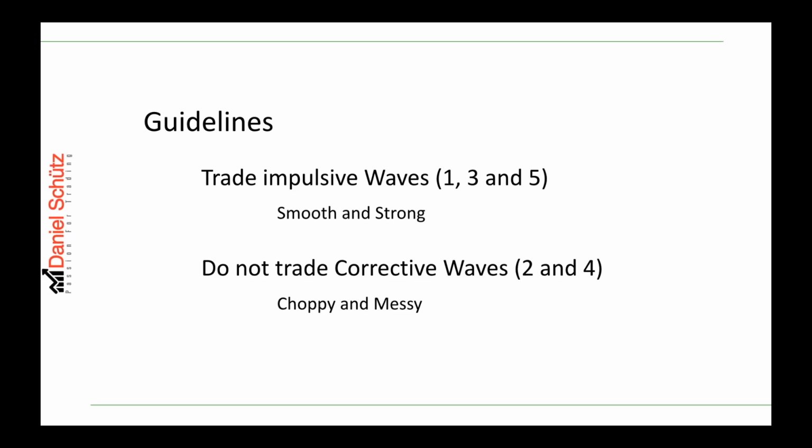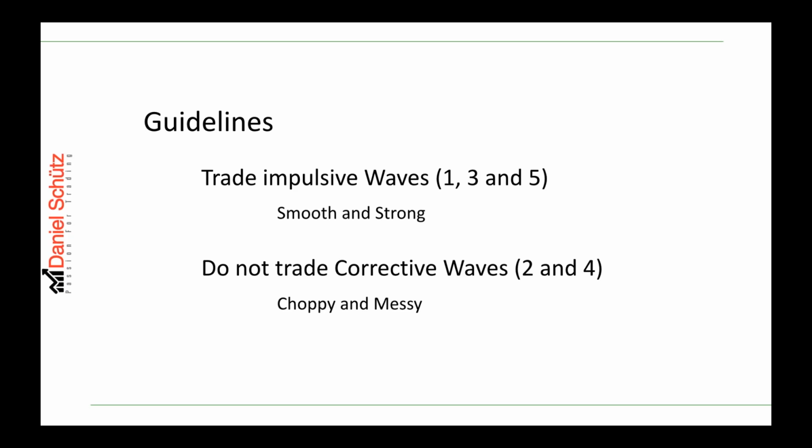Remember, if it looks ugly, it is often a correction, because trading impulse waves means trading smooth and strong movements. These are the waves 1, 3, and 5. Do not trade the corrective waves, the 2 and the 4.